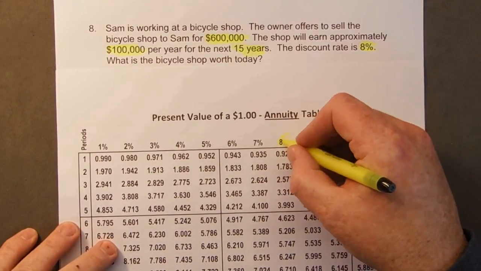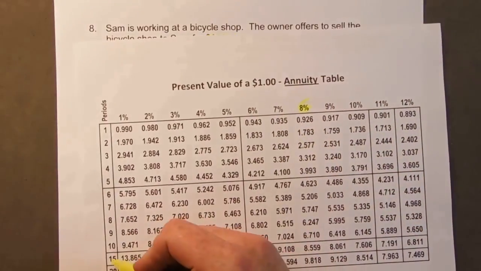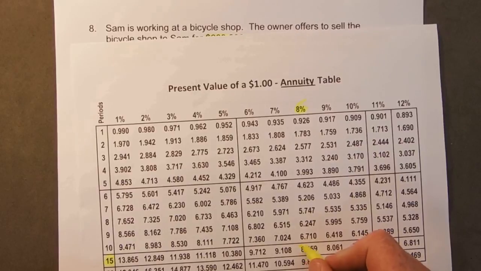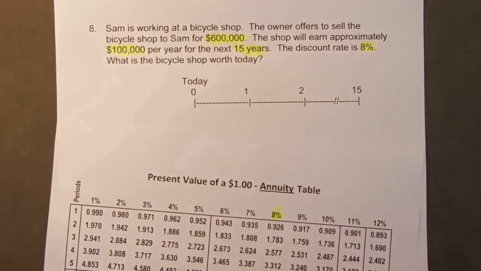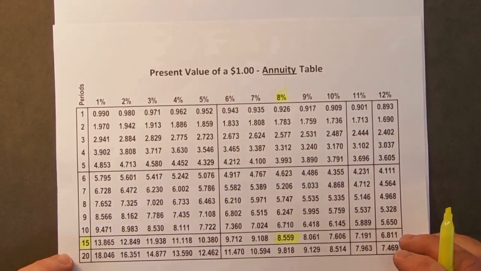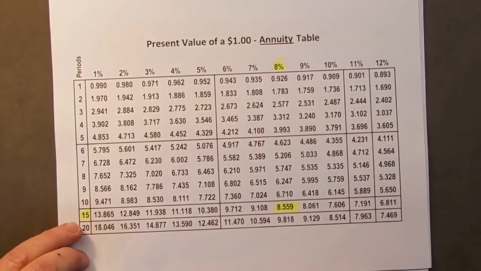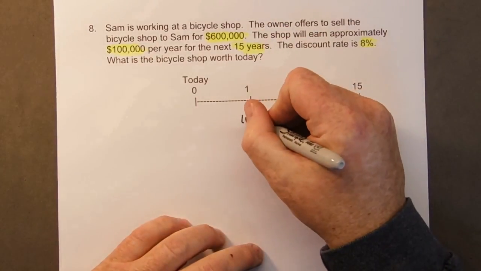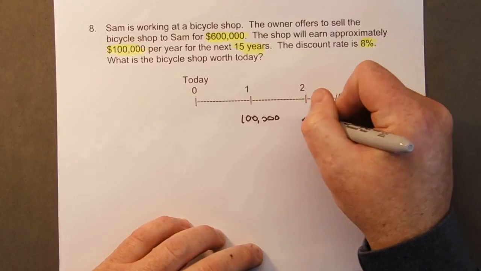So 8% for 15 years. Our factor is 8.559. So 8%, 15 years, annuity table. Again, we could use the single payment table, but it would take a really long time. So to speed things up, we'll use the annuity table.